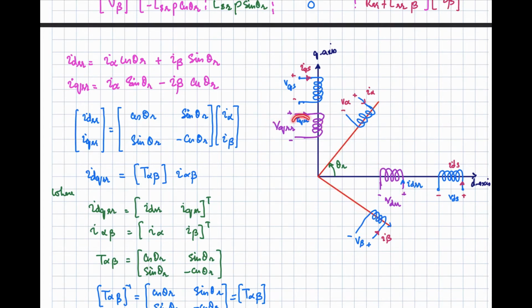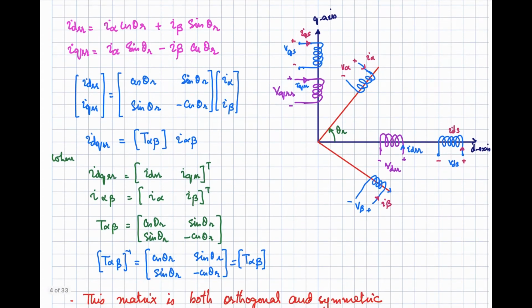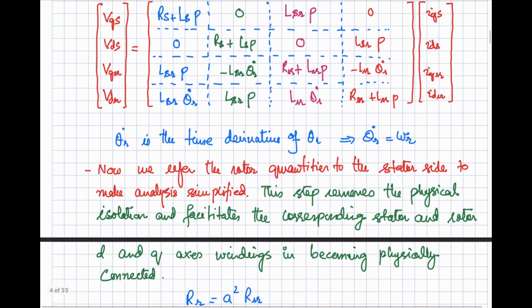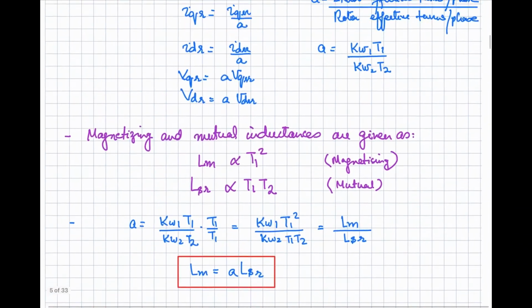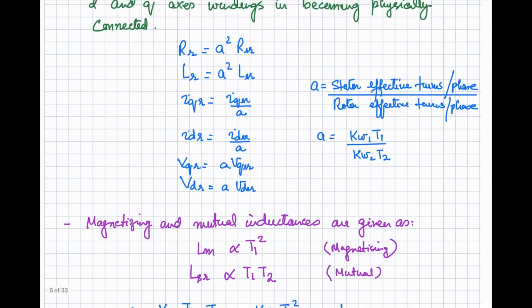And once we have translated that, now we are referring this IQRR to the stator side through the turn ratio, just like in transformers, because in an actual machine there is no physical connection between the stator and the rotor. But for the analysis we are translating the rotor side towards the stator side by using the turn ratio of the stator to the rotor, right?